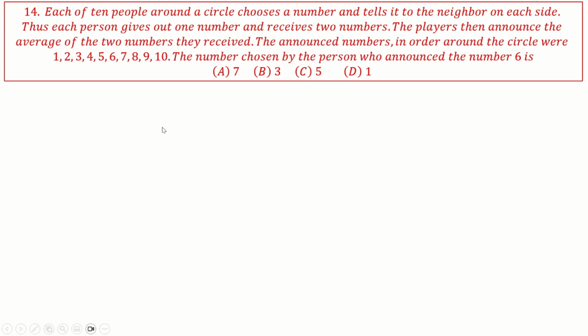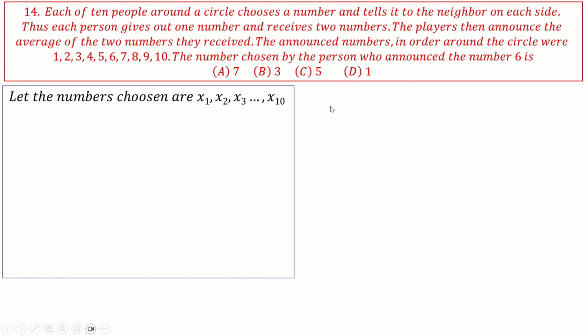Let's say the original numbers each person has given to the neighbors are x1, x2, x3 up to x10. Now I know that x2 is the average of x1 and x3, correct? Similarly, x3 is the average of x2 and x4. Since I am finding 6, I want to have even numbers, so I will consider the even ones here.